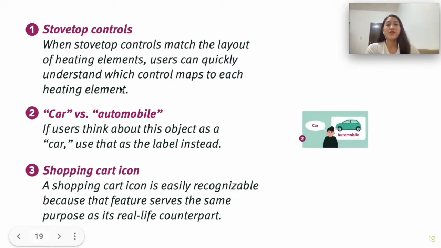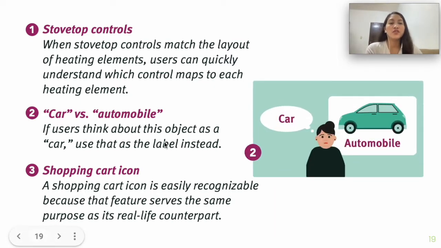So the second is there are countries or nationalities that use different terminologies for the same word with the same meaning. An example would be car versus automobile. So if the users think about this object as car, then use car as the label instead of automobile.